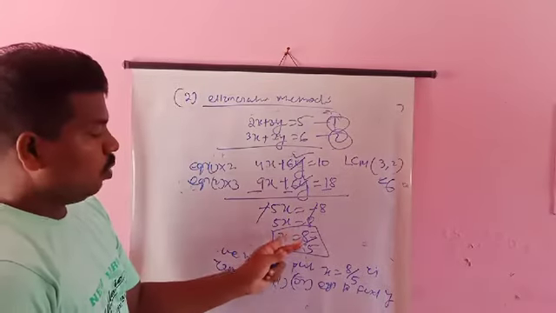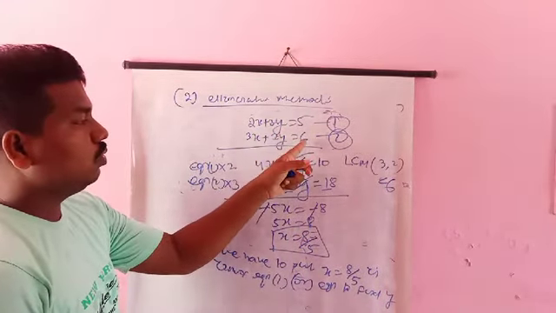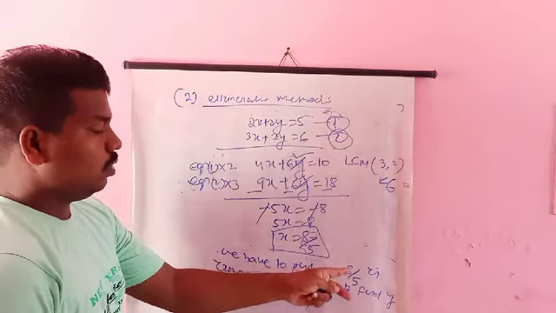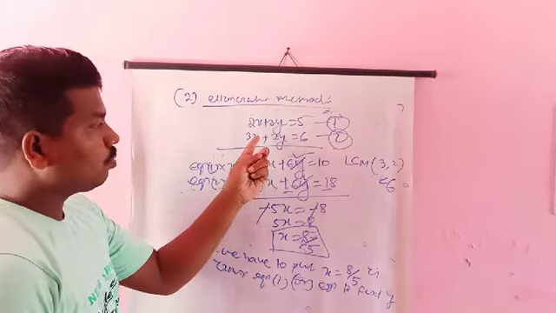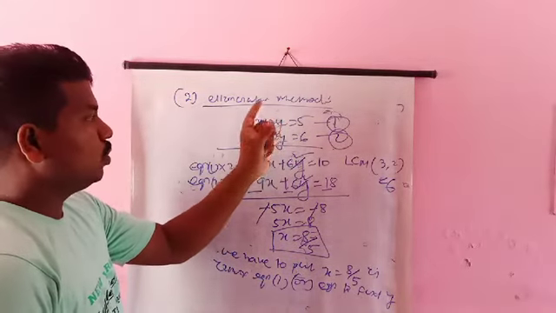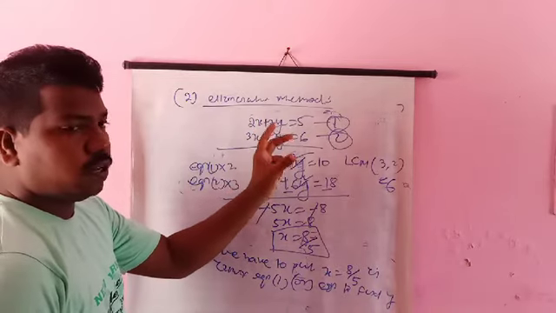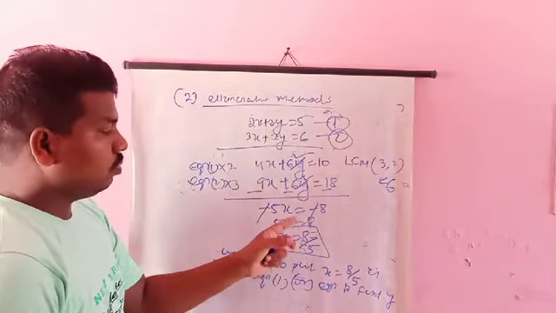That means if you put x equal to 8 by 5 in either equation 1 or equation 2, then we find the value of y. Our main motto is to find the value of variables x and y by any method. One by one, we discussed the methods. First is the substitution method, second is the elimination method.